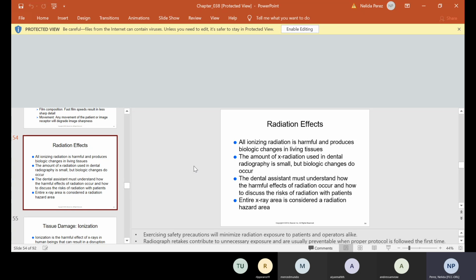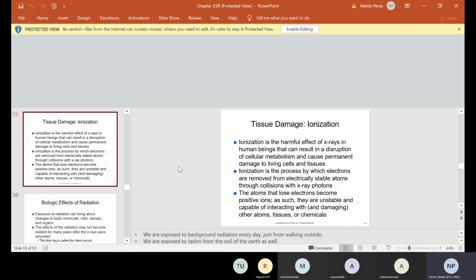The entire X-ray area is considered a radiation hazard area. So exercising safety precautions will minimize radiation exposure to patients and operators alike. One of your first protocols that I told you was to stand behind the X-ray shield barrier. Okay, we're learning. So we don't want to expose ourselves. We want to stand behind it, okay? And we're going to get more into that and how to protect not only us, but the patient.